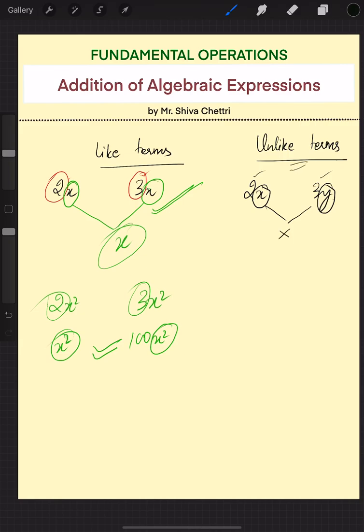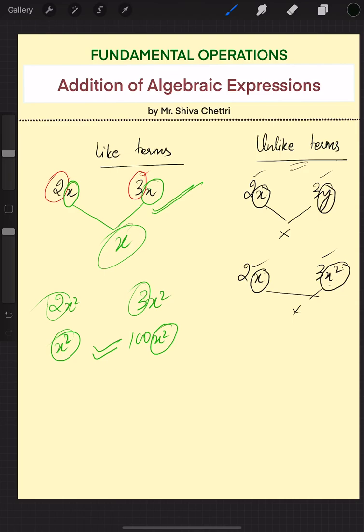It can also happen in other cases, like I have 2x and 3x square. 2 and 3 are there, but here it is x and here it is x square. Here the power is 2 and here the power is 1, so they are also not the same. That's why they are called unlike terms. Not the same, but we can say similar.